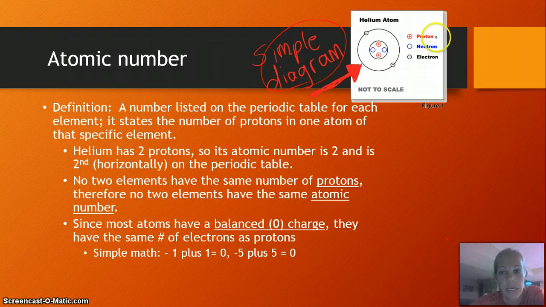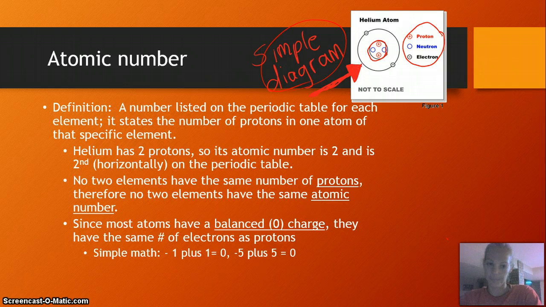It shows the 3 subatomic particles, and it also shows the energy levels. Now notice that it looks like there's 2 energy levels here, but this one is just the outside of the nucleus that's holding in those protons and electrons. I'm sorry, protons and neutrons. So let's start with this.